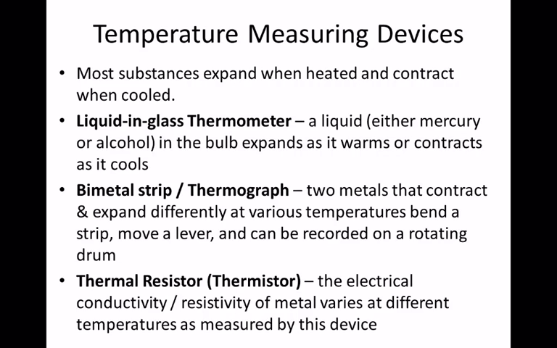Basically, the electrical conductivity, how electrons will flow through this, is affected by temperature. Okay, so I'm pretty sure this is how it goes. The warmer it is, the easier it flows, the more conductive that metal is. As it gets cold, the electrons move more slowly. The conductance is less. So the box that this is connected to measures the conductivity and translates it to a temperature.